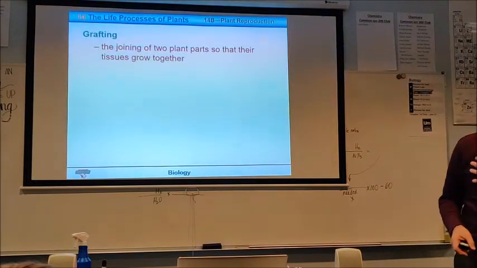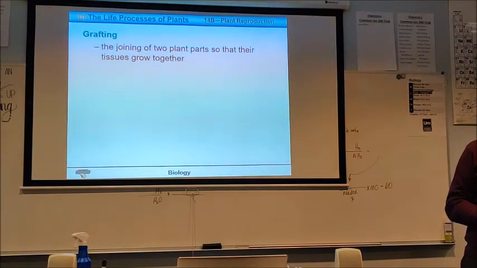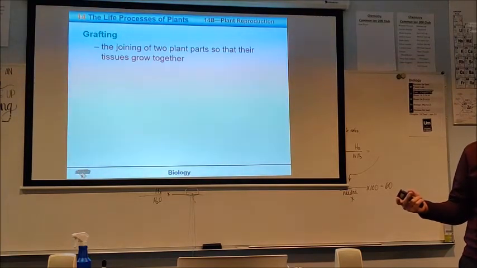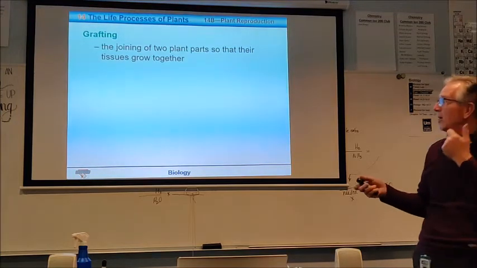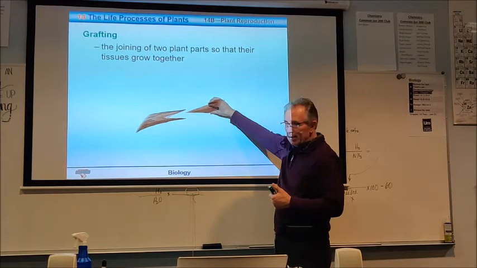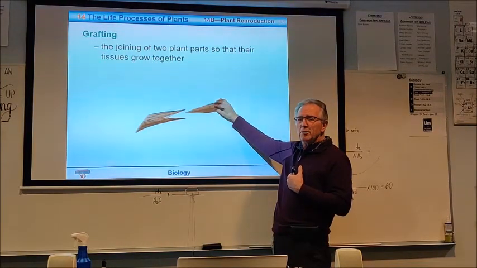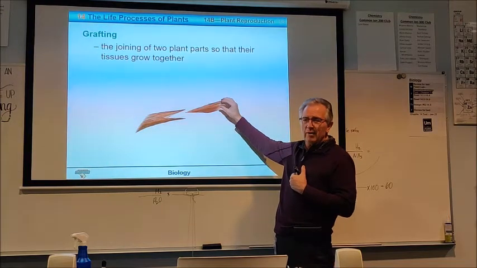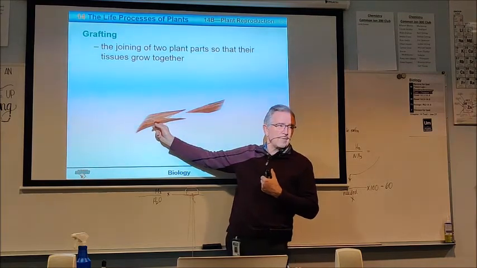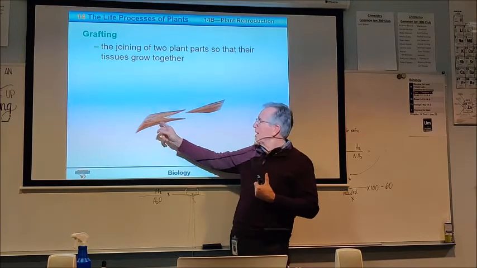So the thing that they do with trees, I said I'd talk about it, like those trees that produce fruit that don't have seeds, there's nothing to plant to get another tree. So what I will do is cut off part of the tree, like a branch or a twig off of a tree that produces fruit that has no seeds, and then I'll find another variety of that same plant, maybe one that does make seeded fruit, and I'll cut it.